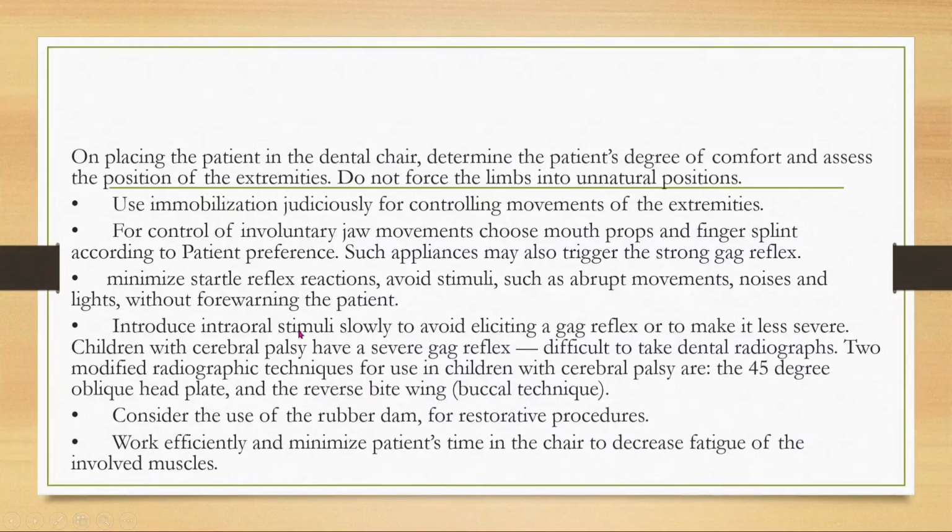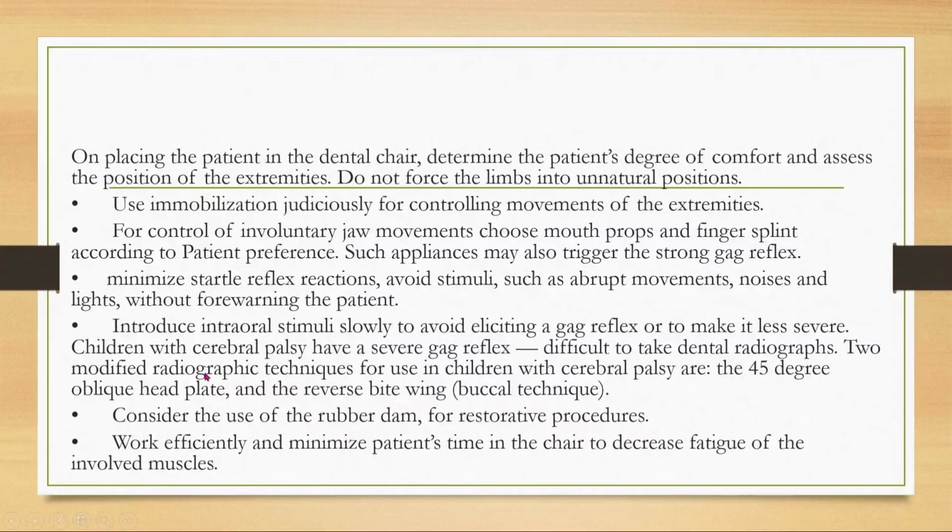We should be careful because these appliances may trigger strong gag reflexes. Minimize the startle reflex reaction, such as abrupt movements, noises, and lights, without forewarning the patient. And introduce intraoral stimuli slowly to avoid eliciting a gag reflex.